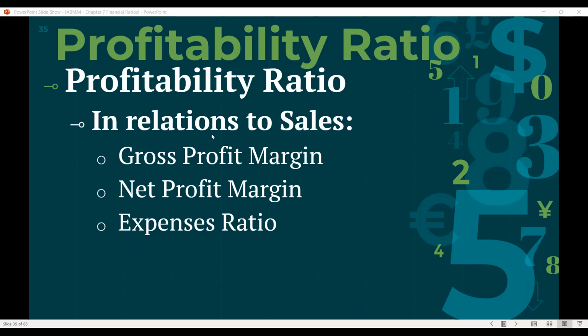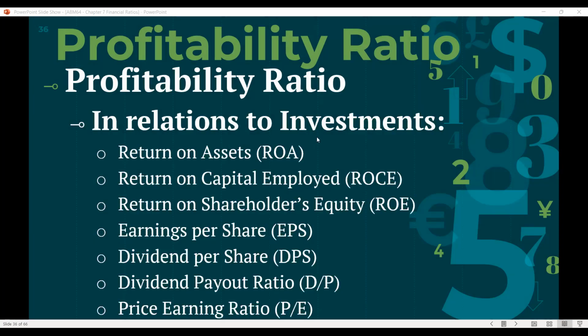So first, in relations to sales, we have GPM or gross profit margin. Next is the net profit margin. Lastly is the expenses ratio. So these focus more on sales. While for investment, we have return on assets, ROA, return on capital employed or ROCE. Okay, we also have ROI here, I forgot to put ROI.